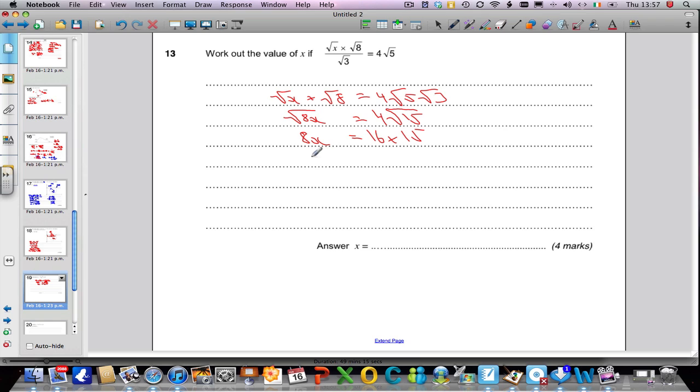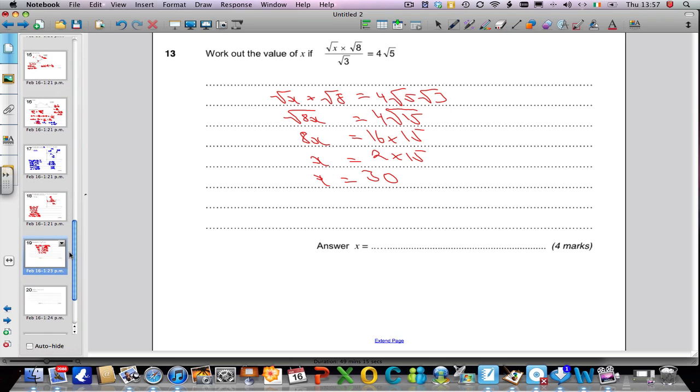I'm going to divide that by 8 and divide that by 8, and we're good. So it's the same as 2 times 15, which means that x is equal to 30. Nice handy way of doing that question. Now there's many more ways of doing it. You can try and see if you can find the other methods.